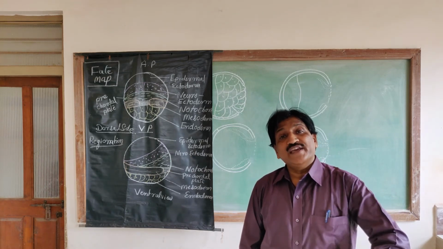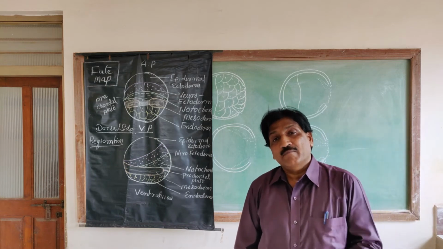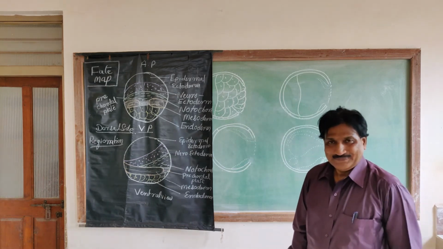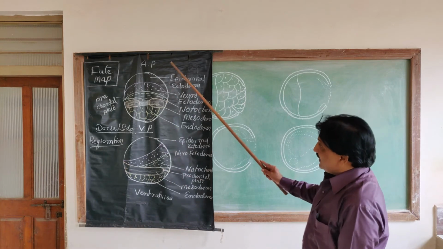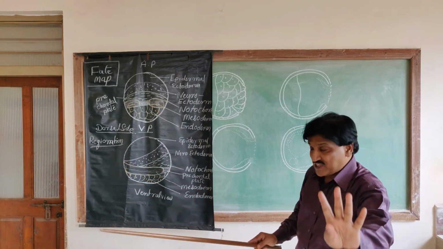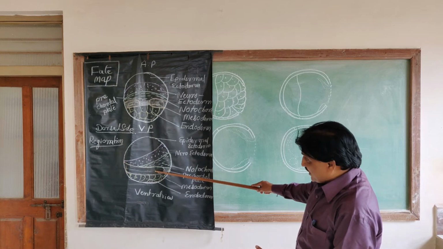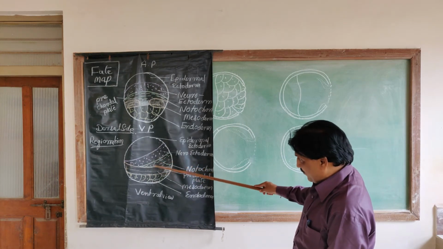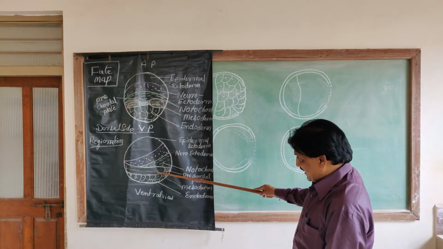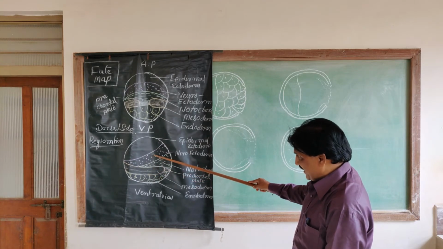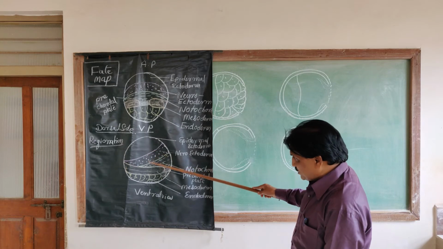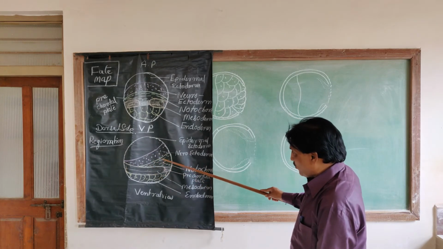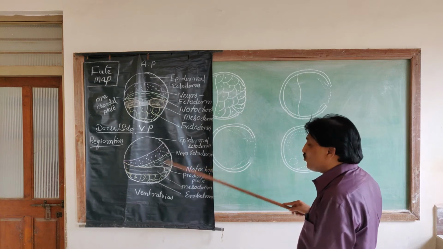The micromeres develop into ectoderm, macromeres develop into endoderm. The area present adjacent to the mesoderm and notochord on the dorsal side develops into neuroectoderm.